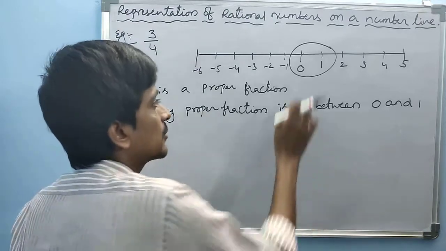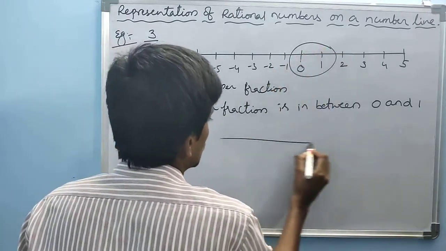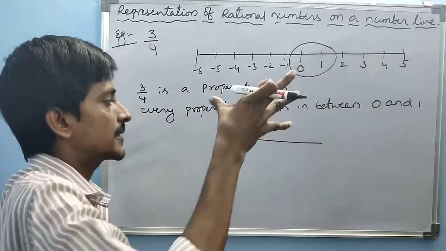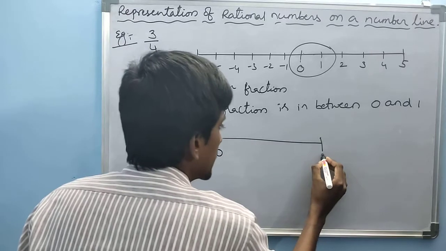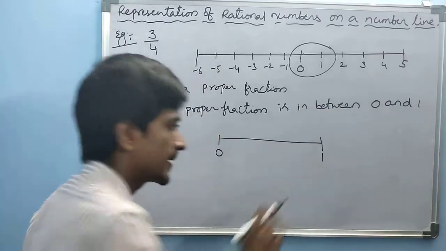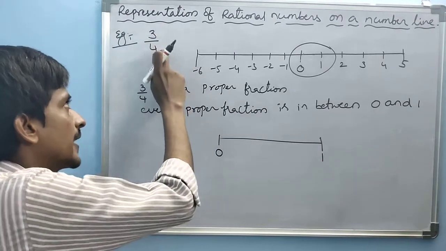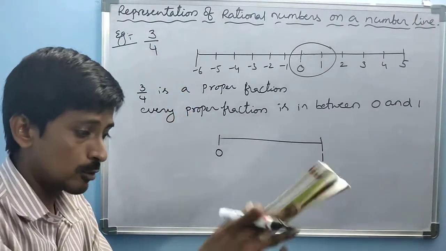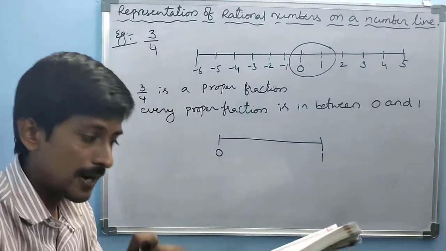First choose that one. So, first of all, 0 and 1. This can be expanded. So, this is 0 and this is 1. And 3 by 4, numerator and denominator. 3 by 4 is a rational number.